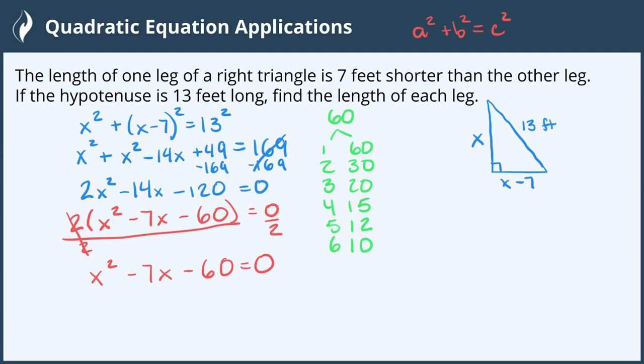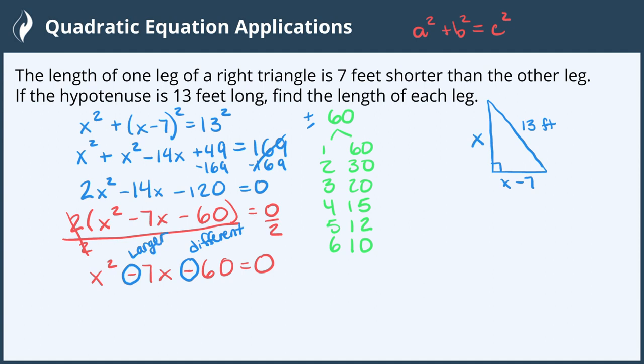Now that we've found all the factors, we can look at the last sign, which is negative. This tells us that the signs of the factors will be different. That means one will be positive and one will be negative. Looking at the sign of the middle term, this tells us that the larger factor will be negative.